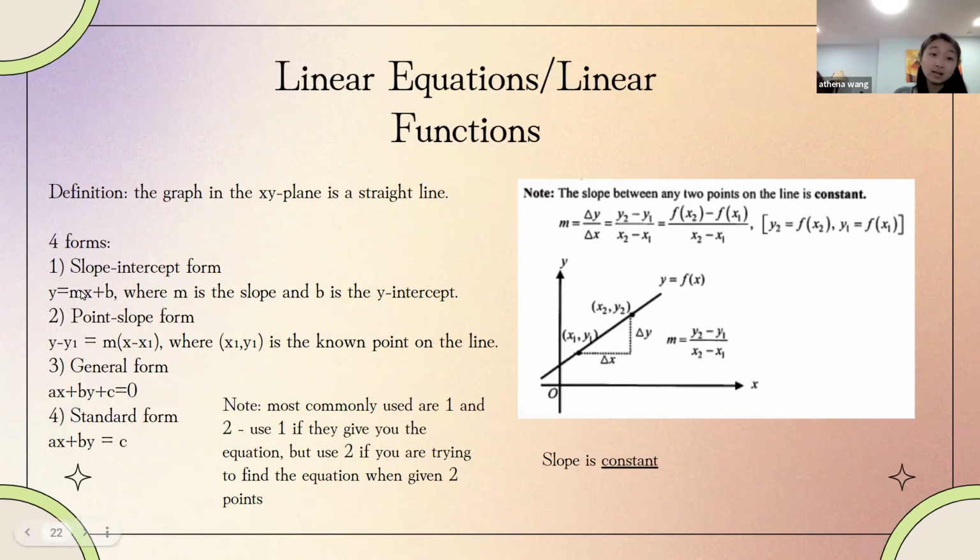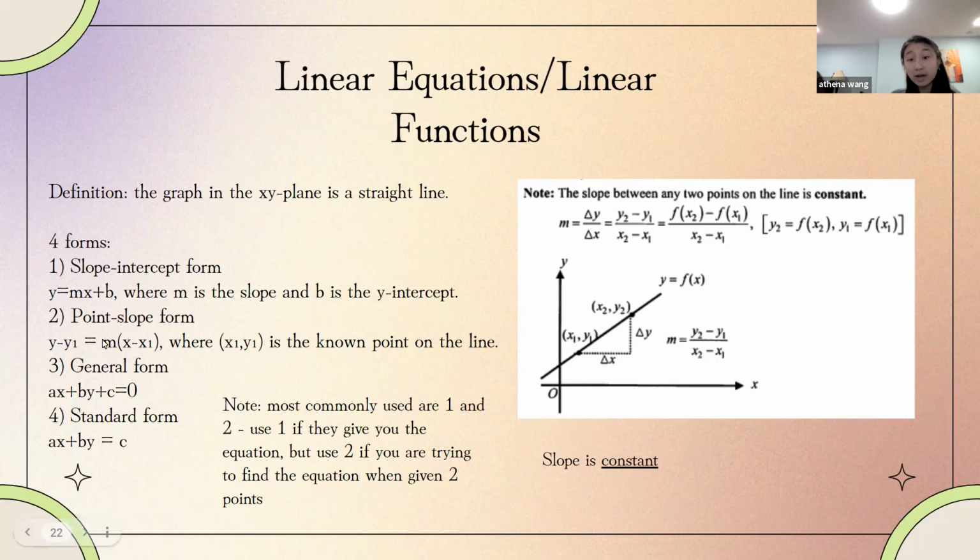Okay. The next one is the point-slope form. I like to use this one when you are given 2 points and you're trying to find the line. So if you have y - y1 = m(x - x1), m is the slope again, y is your variable, and (x1, y1) is a known point on the line.